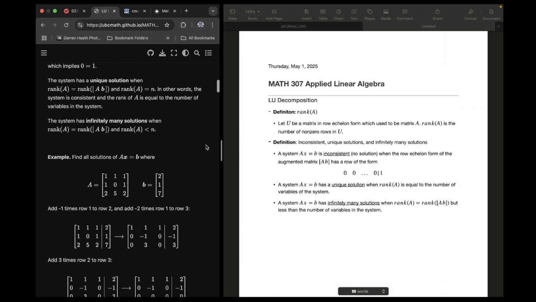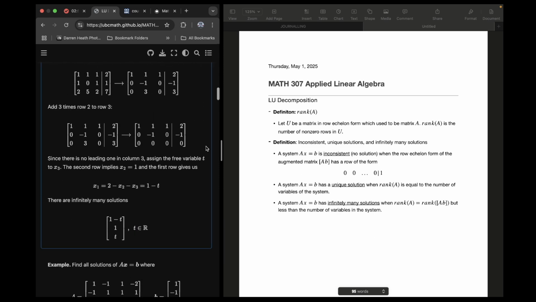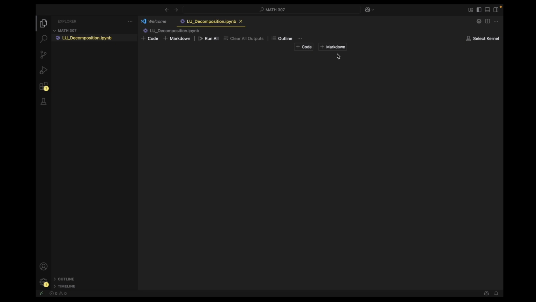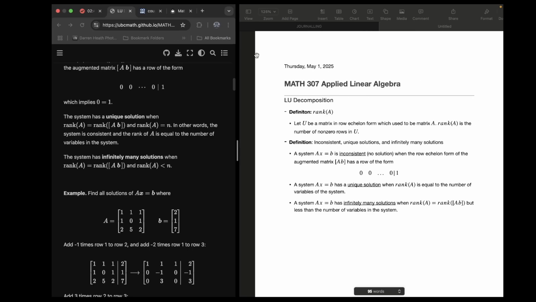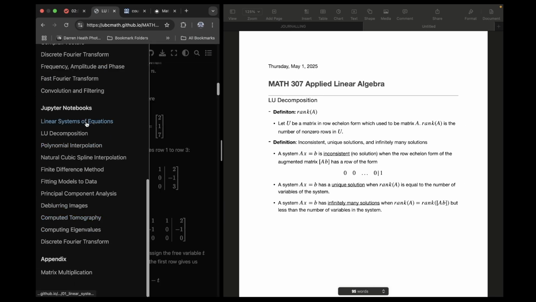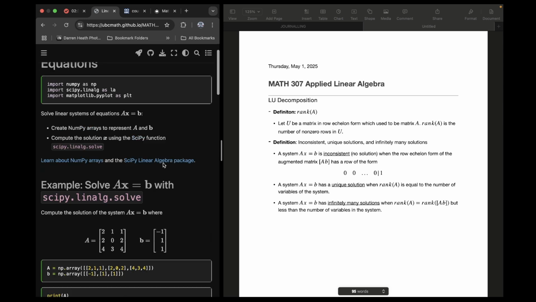So why don't we try the first simple example? So we can say example one. Let's see how this is done.